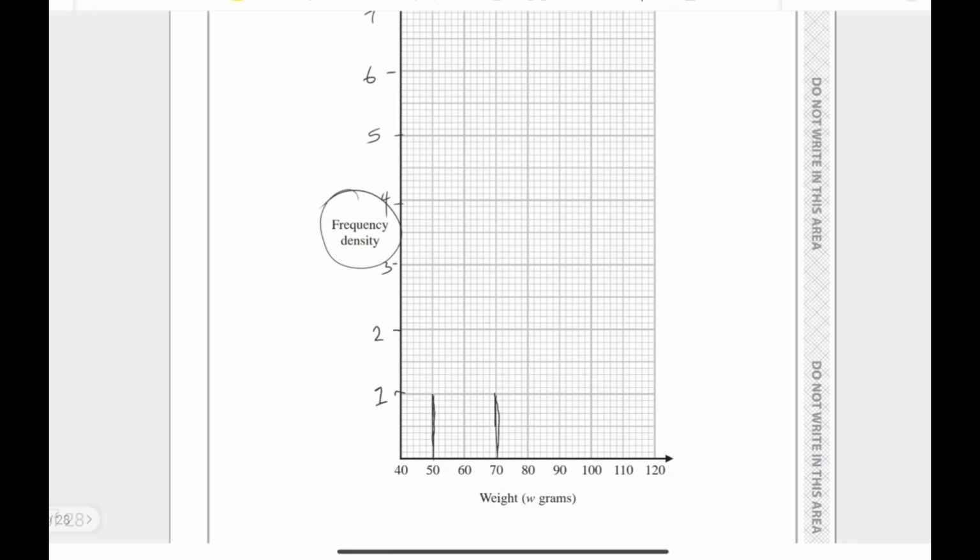We are supposed to use a ruler. Let me try to make it straight. This is 50. This is 70. So that is 1. That's perfect.